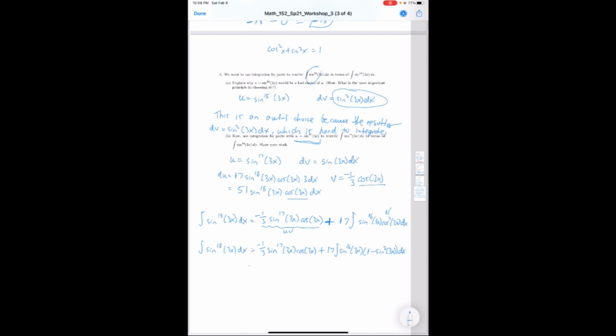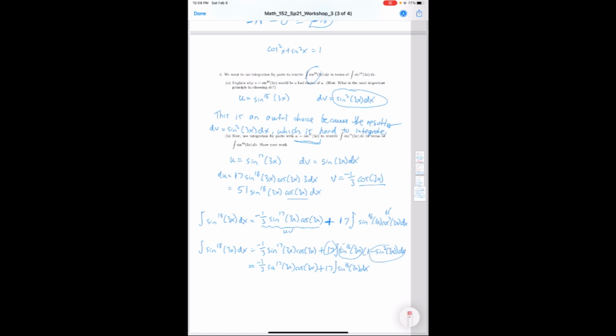Now, do a little more simplification. It's going to be negative 1/3 sine to the 17th 3x cosine 3x plus 17 integral of sine to the 16th 3x times 1, which is just sine to the 16th 3x dx. And now I can write another integral. This is going to be 17 times sine to the 16th 3x times negative sine squared 3x dx.